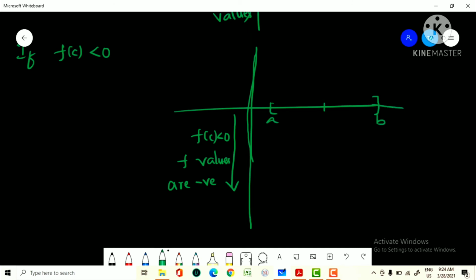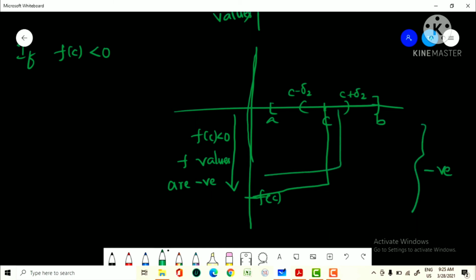You have a and b, similarly you have c. Now you define c minus delta 2, c plus delta 2. At c I will be having f of c here in the negative part. Everything is negative. So here also you will get somewhere like this.